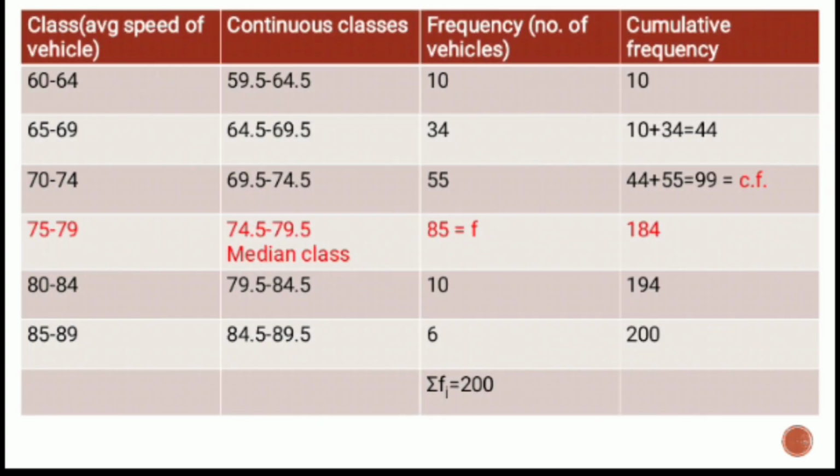By seeing the table, your n by 2 value comes as 100. So 100 lies in between 99 and 184. Okay, so you have to select the lower class.